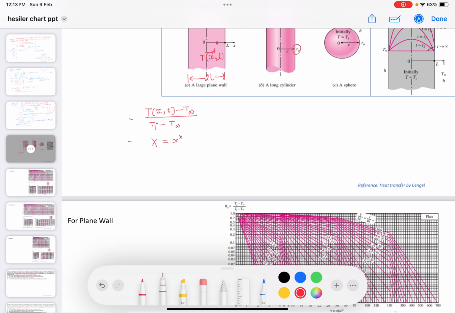So this is nothing but x by L for the plane wall. Similarly, the non-dimensional temperature for the cylinder will look like this, and other terms are the same. Ti is the initial temperature at each location, meaning every point in the one dimension.